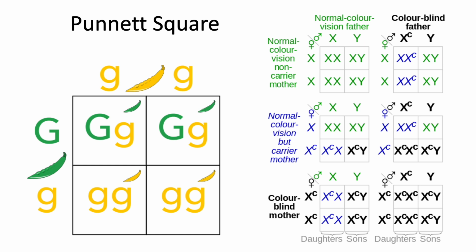And then you can think about all the different circumstances where the other parental contribution, the XX, could have normal, could be a carrier but has normal color vision, or is carrying this recessive variant, this mutant version of the gene, on both X chromosomes. So take some time to work through these different scenarios to see what the outcomes are.